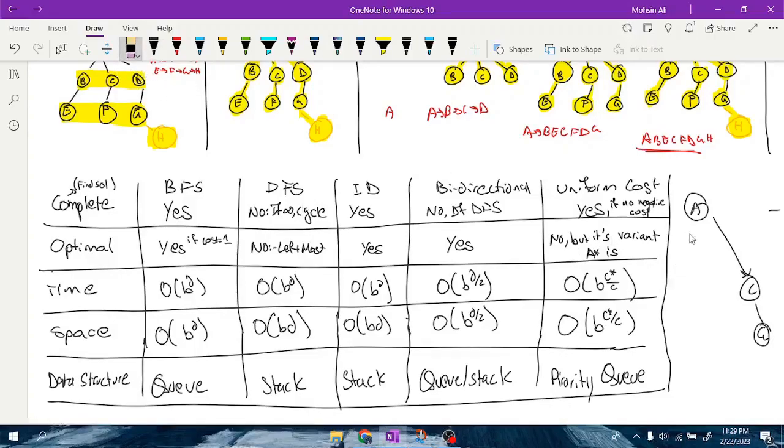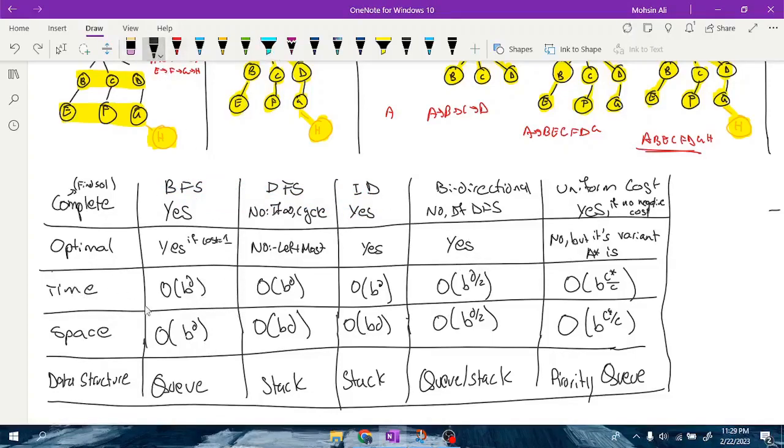Otherwise, it's not optimal. Iterative deepening, if BFS is optimal, then of course iterative deepening will also be optimal. So I'm comparing these three first, and then I will get to the bidirectional and uniform cost afterwards.